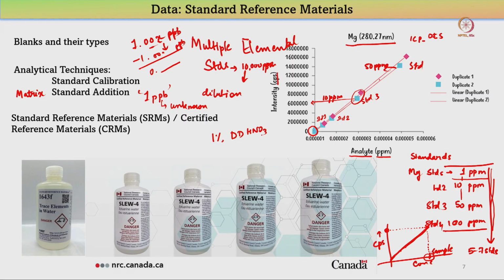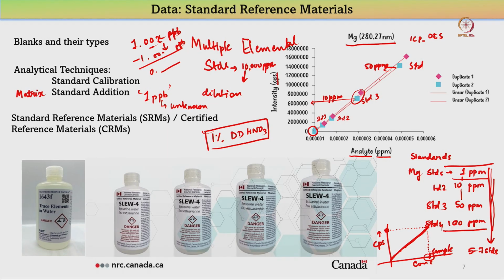For ICP-MS analysis, this is what I am talking about. This acid solution will be added, and then it goes for instrumental analysis. So all my samples will have this as the matrix, and then there will be no sample matrix related effect in the instrument.